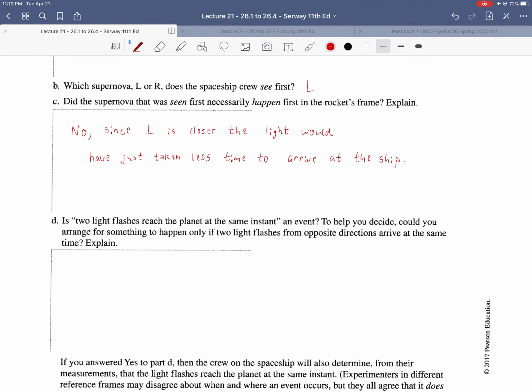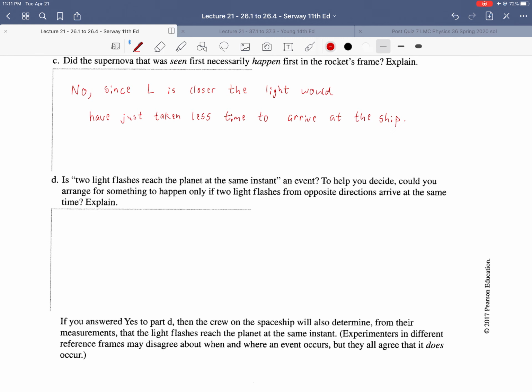So, part D. Is the arrival of two light flashes at the planet at the same time an event? To help you decide, suppose you arrange for something to happen only if the two light flashes from opposite directions arrive at the same time. Explain. First of all, yes, it is an event.